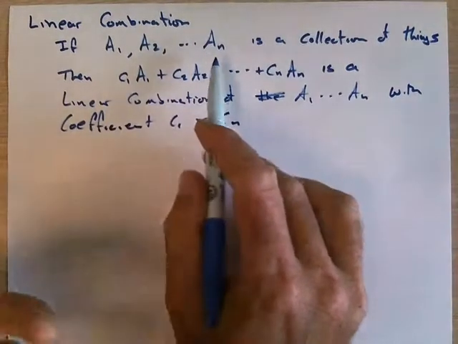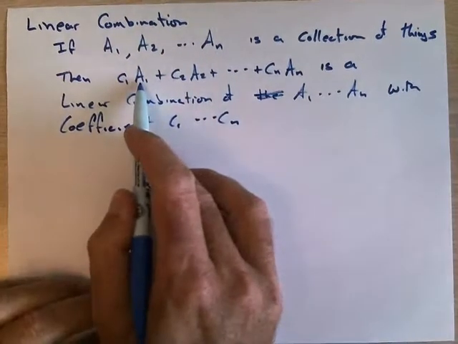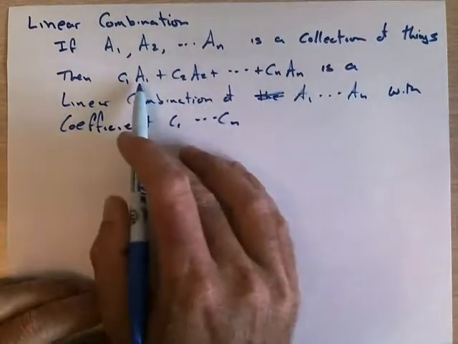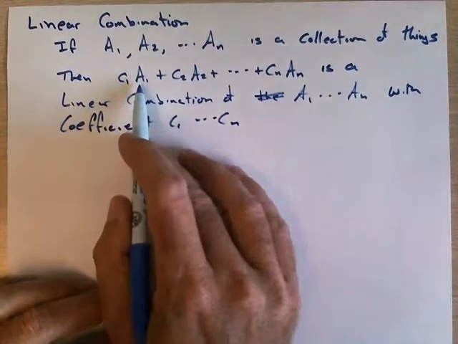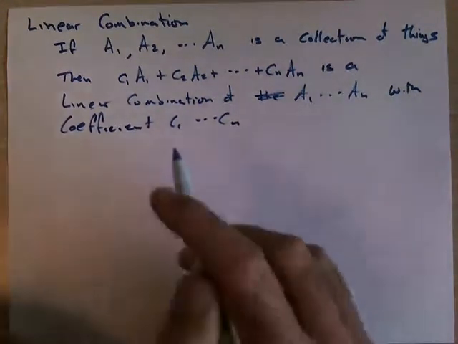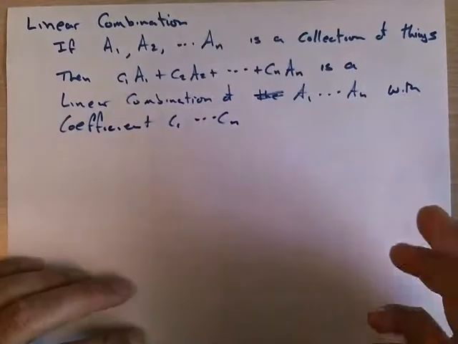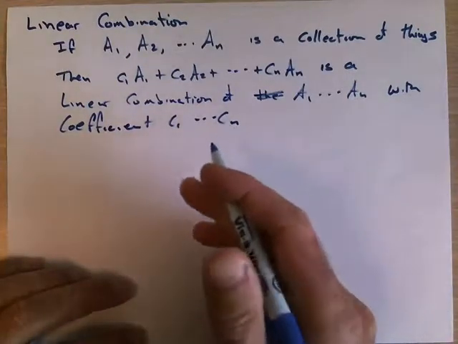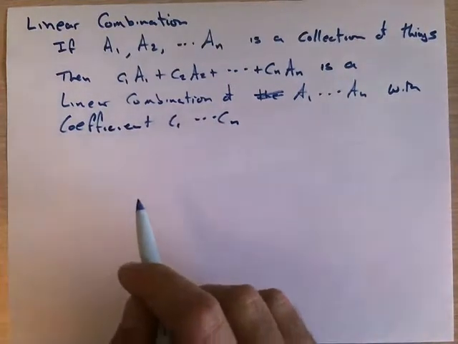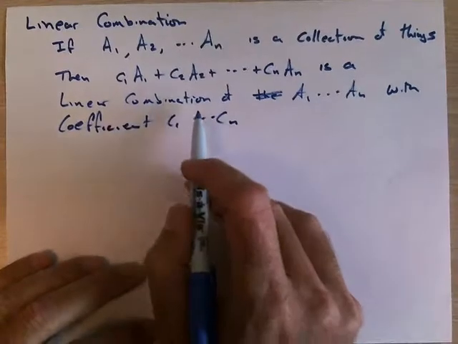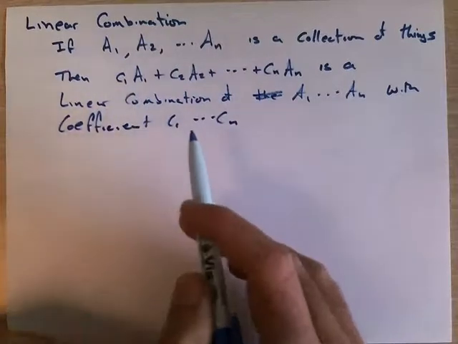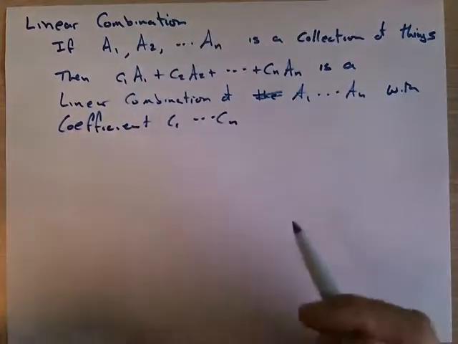To some extent, it needs to make sense to be able to multiply any one of these by a number, and then add them all up. So we will be taking linear combinations of matrices, of variables, of functions, of vectors. There's a lot of things that we'll do throughout this quarter where we take linear combinations. This is something I really want you to know the definition of. A shorthand way that I have of saying it is it's a sum of multiples. You take a bunch of things, take multiples of those things, and add them all up. So a linear combination of the AIs is a sum of multiples of AIs.